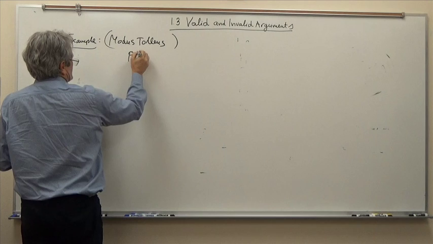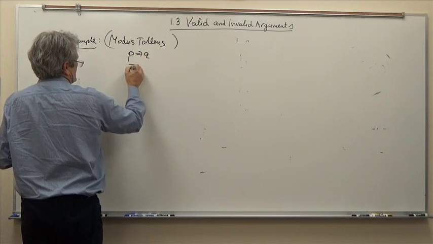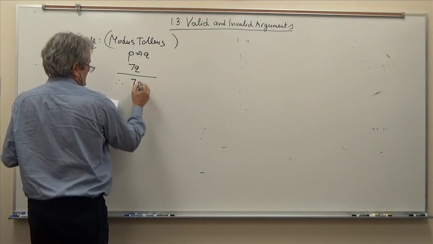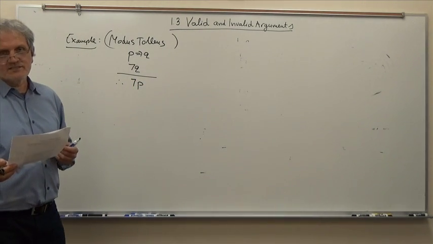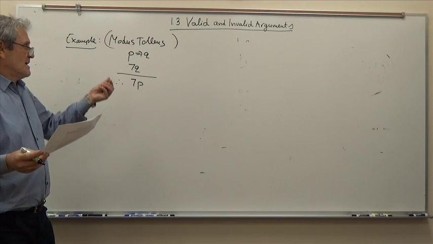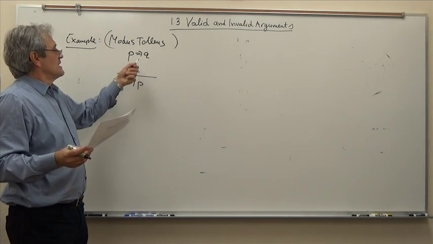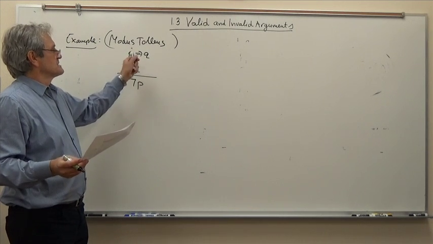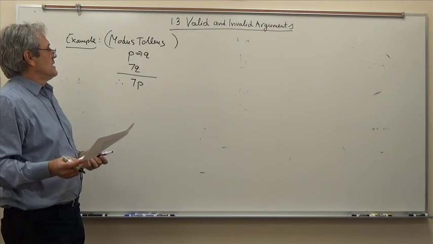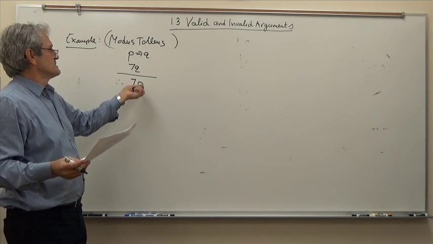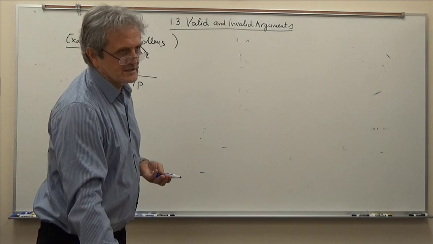So we have P implies Q, and not Q, we conclude not P. Basically this is a combination of contraposition and modus ponens, because if you take P implies Q and you flip it by contraposition to get not Q implies not P, then you use modus ponens. From not Q you will get not P.